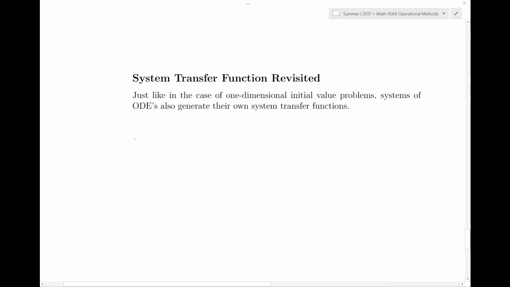So for the first order system, we have that s times y of s minus the initial conditions equals matrix A times y of s plus the Laplace transform of the external forcing terms.